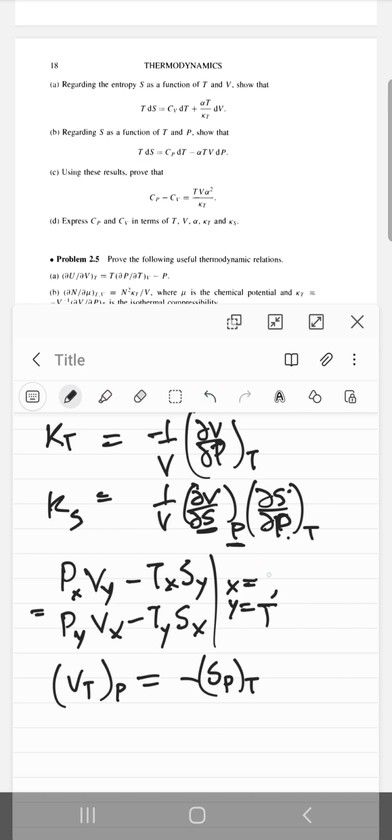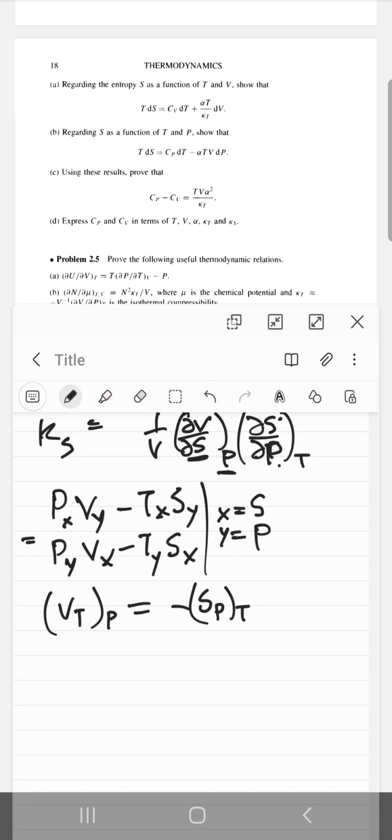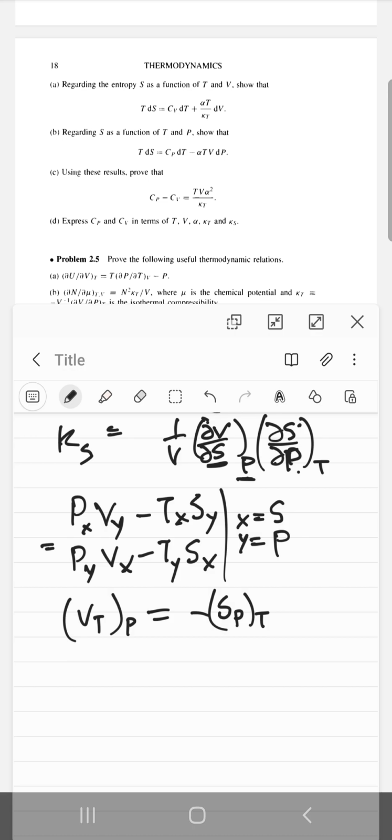Since we just want terms with entropy in there, wait, why did we do x equal to p and t though? So that we can switch that up, fine. But anyway, we should also be doing the entropy volume term, or the entropy pressure term. That's sort of better. Cool. I think so, yeah. Entropy and pressure, that's the scenario, right?